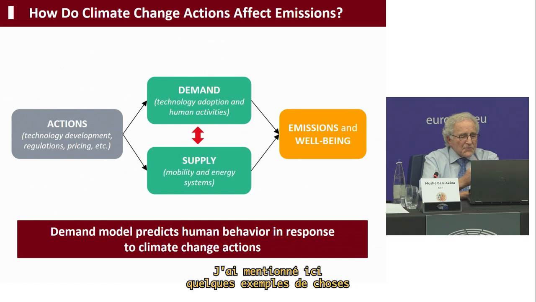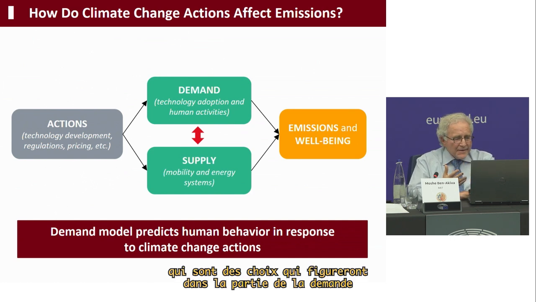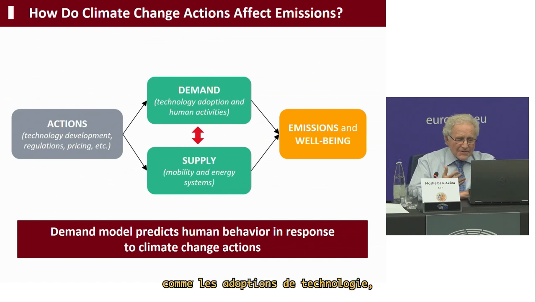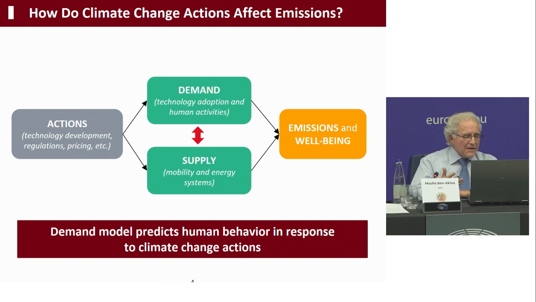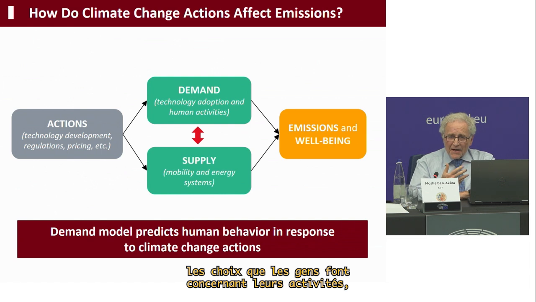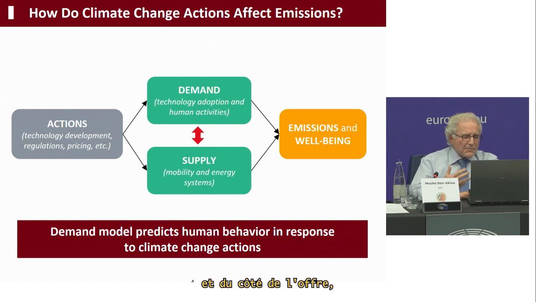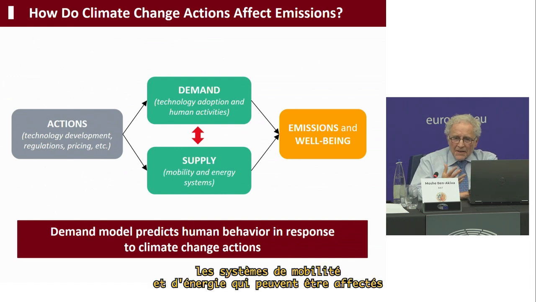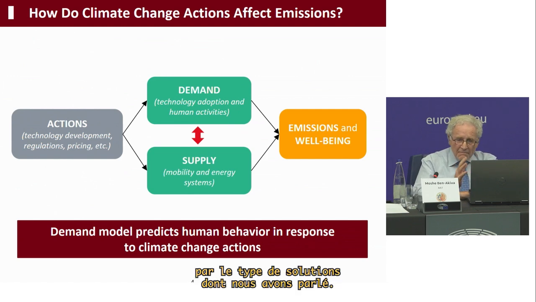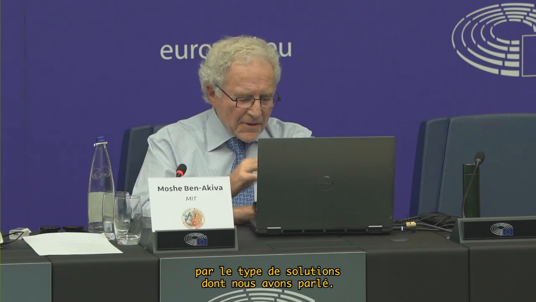I mentioned here some examples of choices that will be in the demand part, like technology adoptions, choices that people make about their activities, and on the supply side, mobility and energy systems that can be affected by the kind of solutions that we talk about.